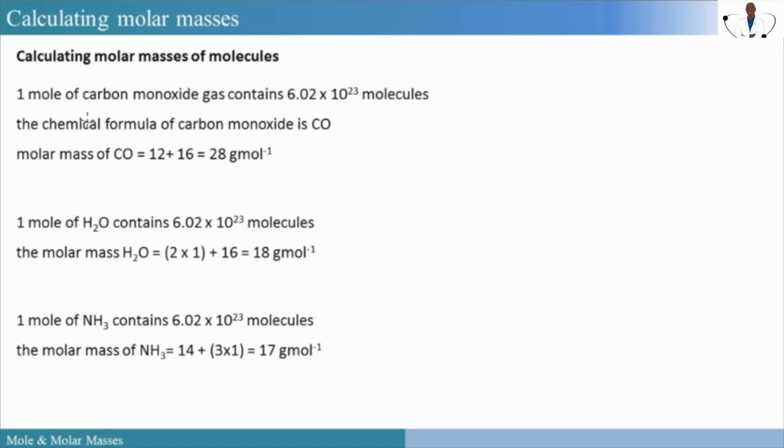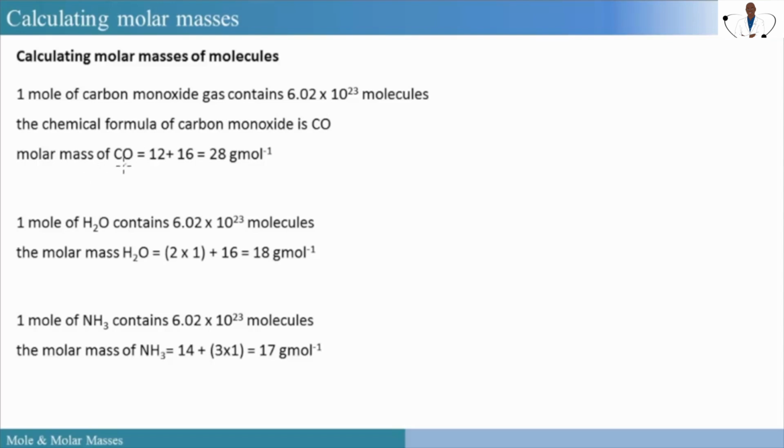Again, 1 mole of a molecule will contain Avogadro's number. And so, if we know the molecule, in this case, carbon monoxide, then 1 mole of carbon monoxide would contain 6.023 times 10 to the 23rd molecules. Now, from this formula, we can calculate the molar mass, which is the mass of 1 mole of a substance.